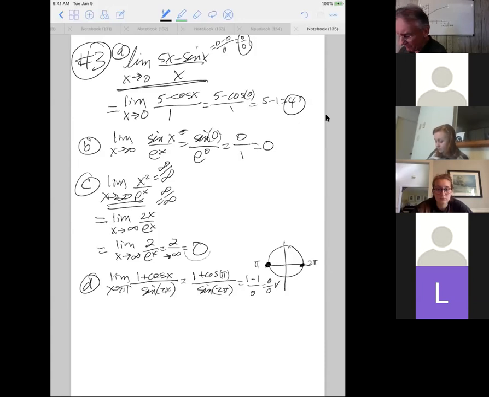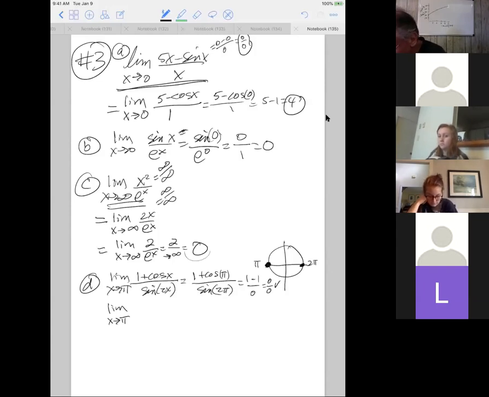That means it qualifies for L'Hopital, which means we write the same limit, but take the derivative of the numerator and the derivative of the denominator. There were 2 common mistakes made on this. The first one was the derivative of the top. Several of you came up with 1 minus sine. The derivative of 1 is 0.